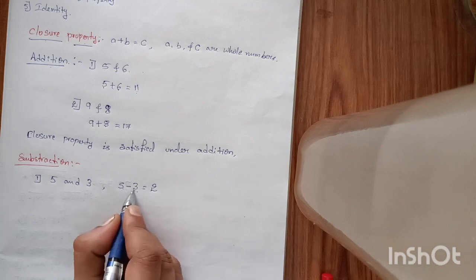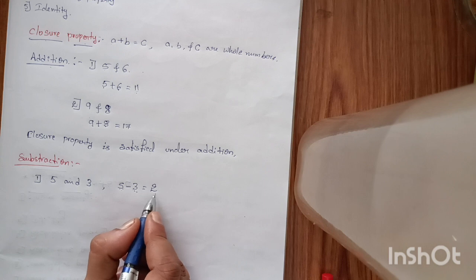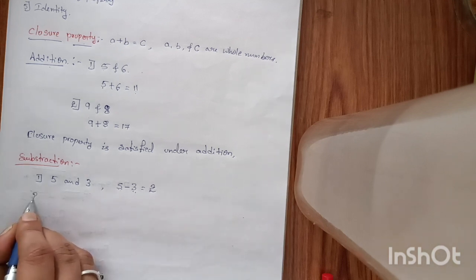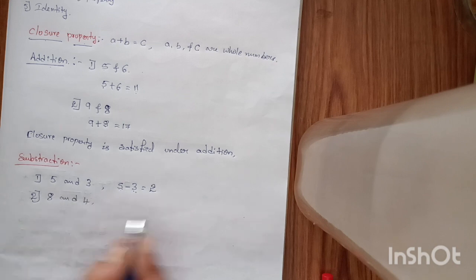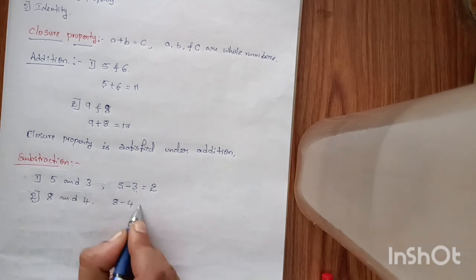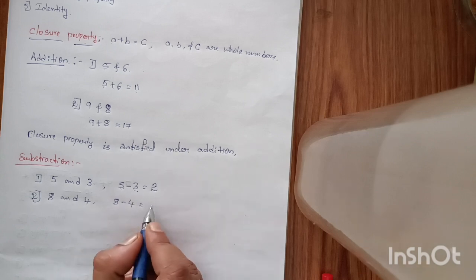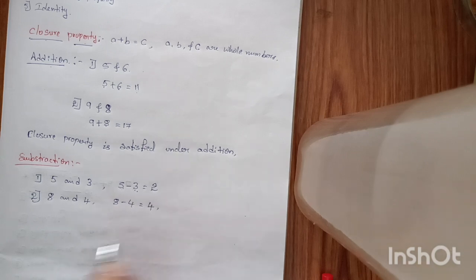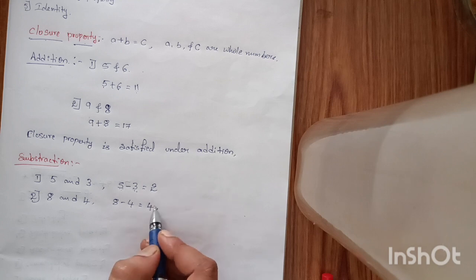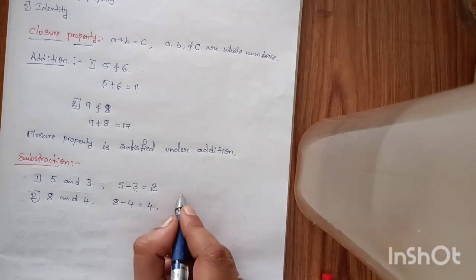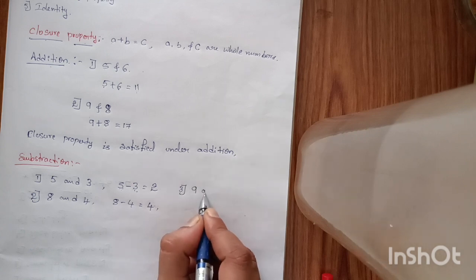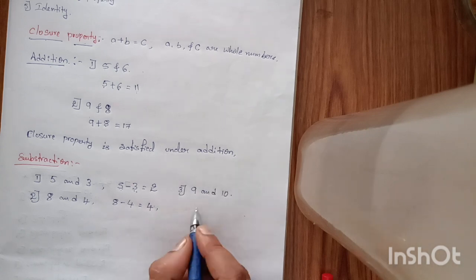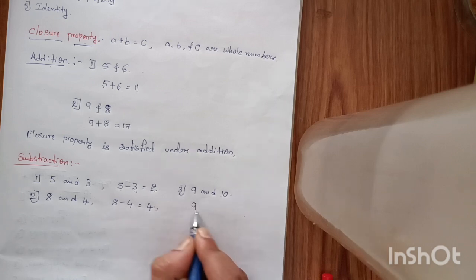Next, take another example. 8 and 4. 8 minus 4 is equal to 4, right? Here we get positive whole numbers. Next numbers, 9 and 10. Subtracting, 9 minus 10 is equal to minus 1.